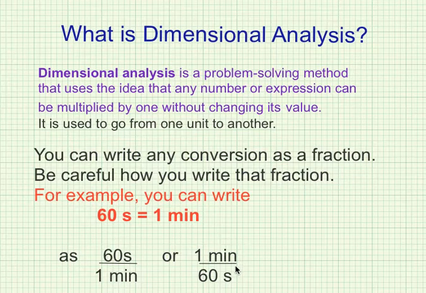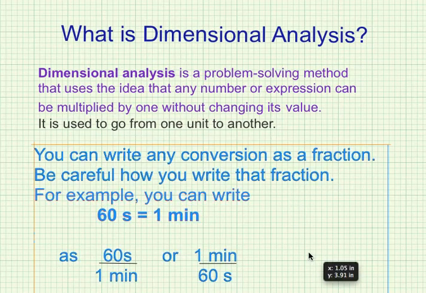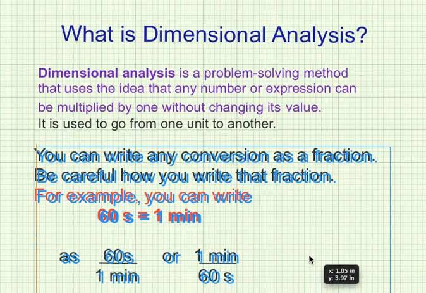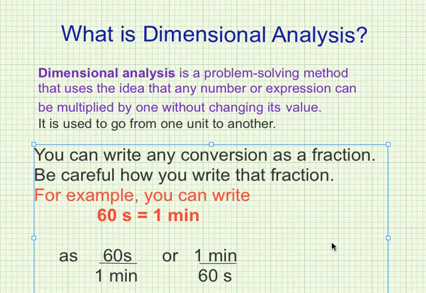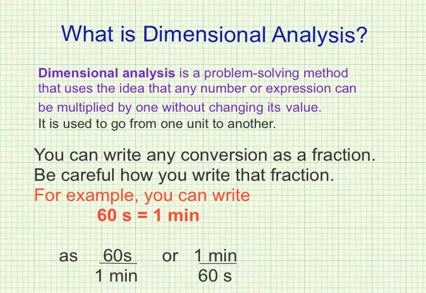Now notice that in my fractions I have the horizontal line. If you write your conversions on a piece of paper on one line, it's going to be a lot more confusing.